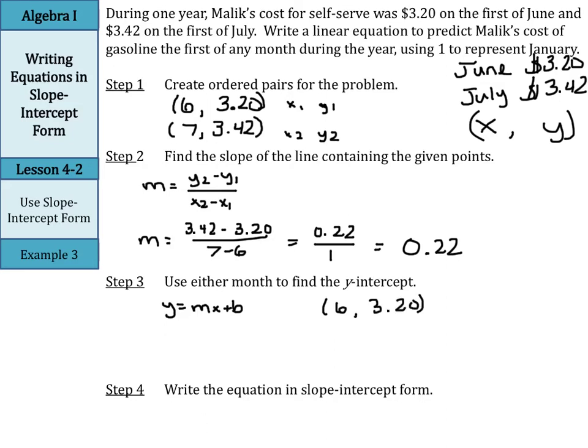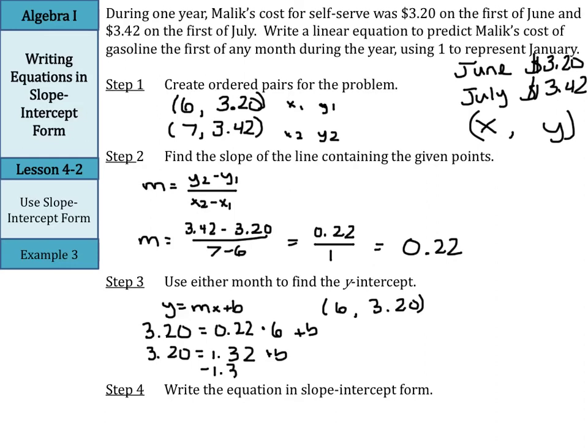So our y here was equal to $3.20, equals our slope of 0.22, and our x here was 6, plus b. Well, 22 cents times 6 is what we need to find next. And that is $1.32 plus b.